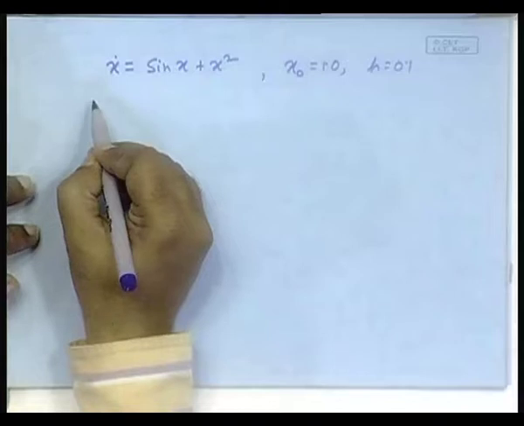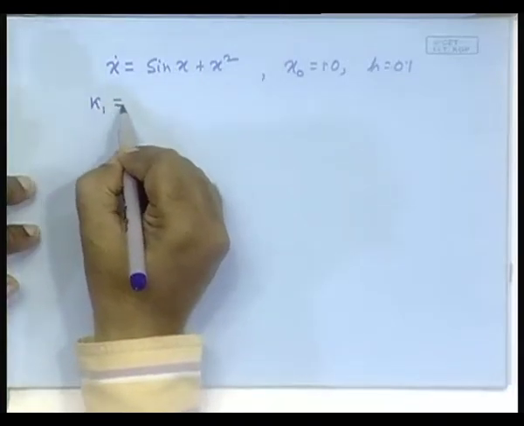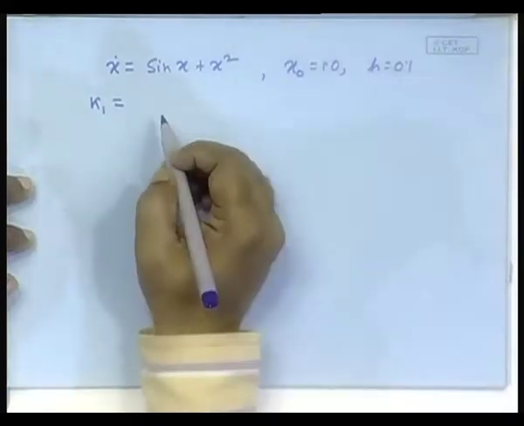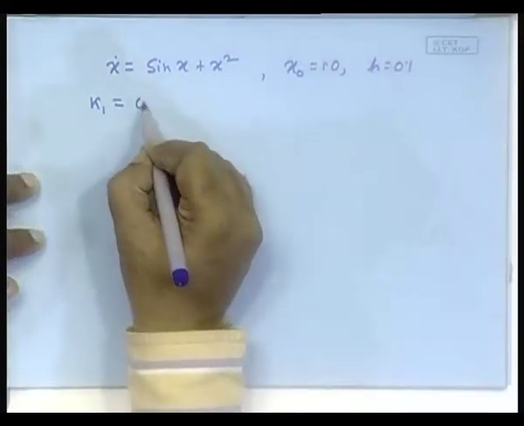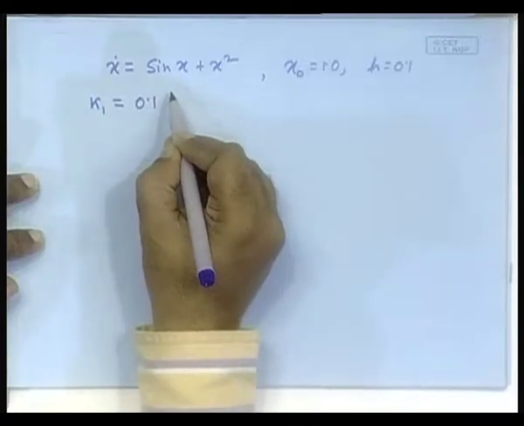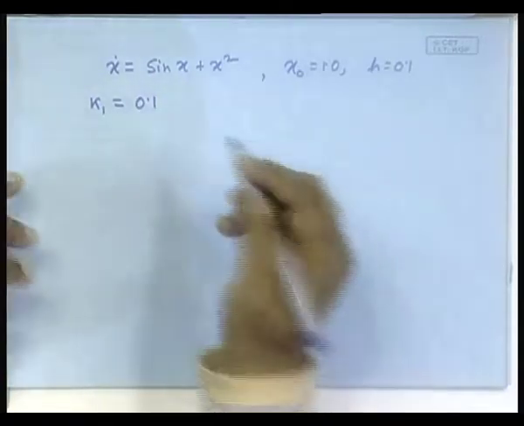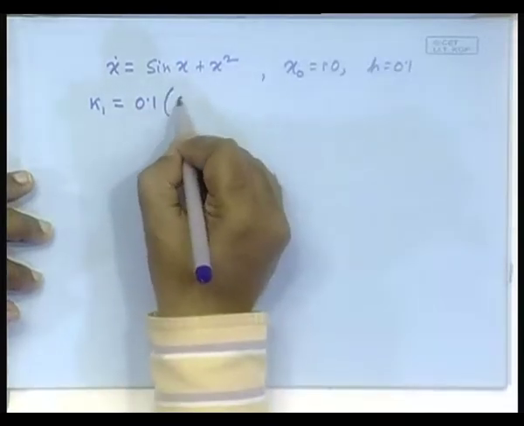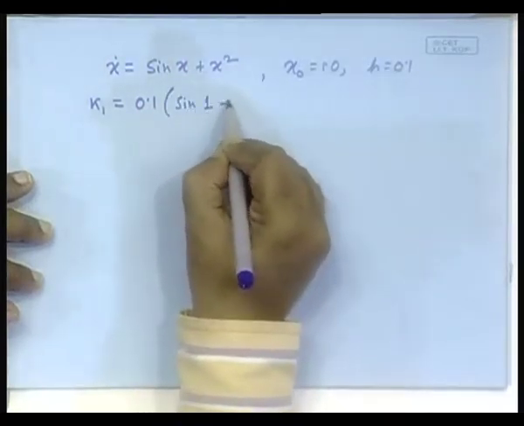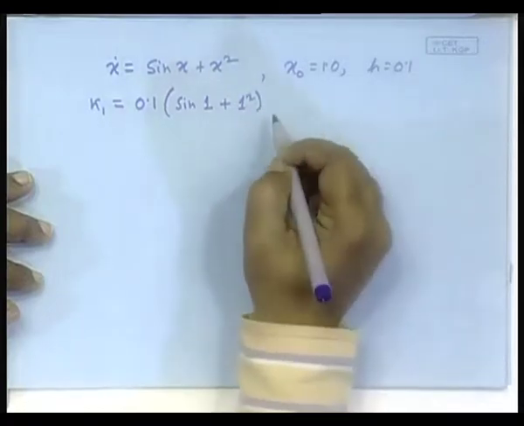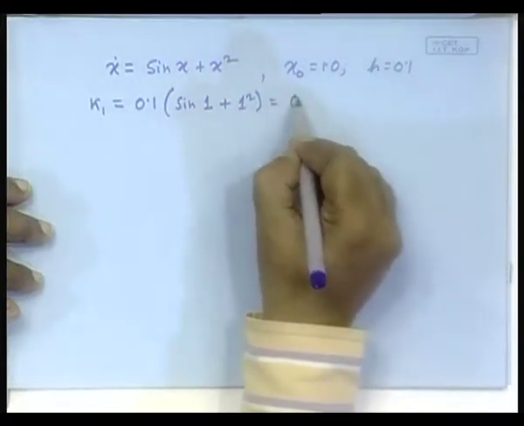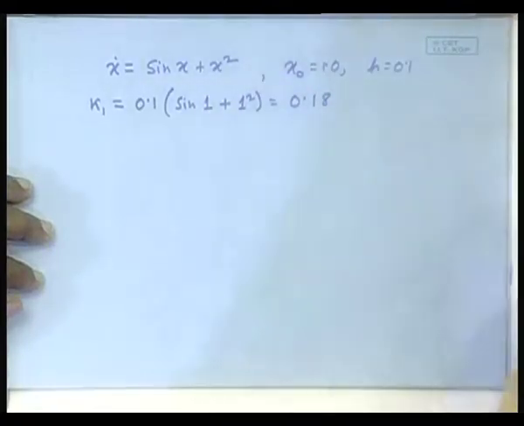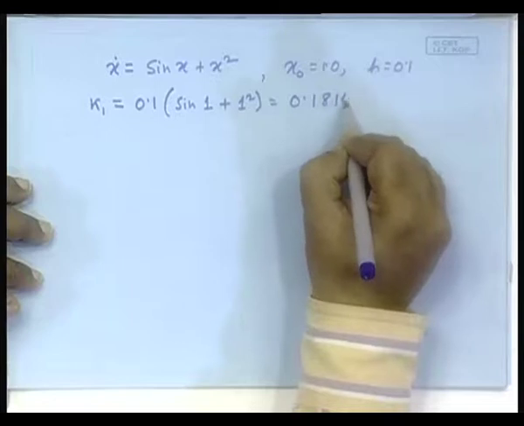So, we first calculate the k 1. K 1 is what we already did. So, that would be 0.1, yeah, we have done it, just let me write so that we can write in the same style. Sine 1 plus 1 square is equal to 0.18. I'll write it to higher decimal places, 141.